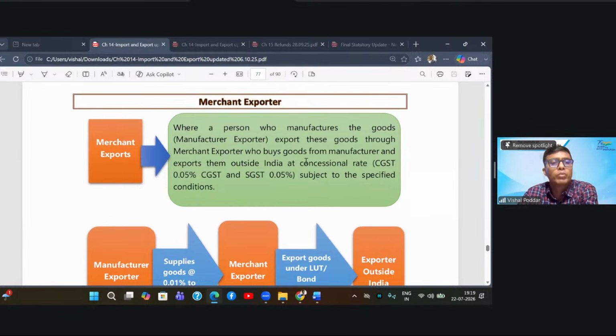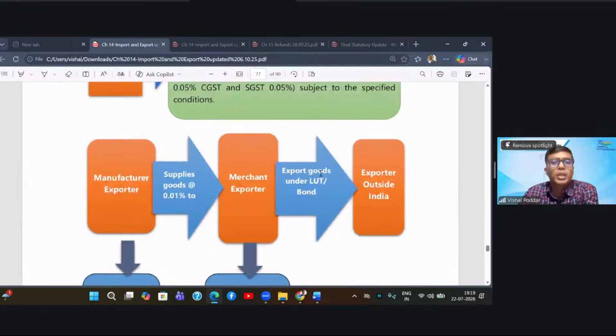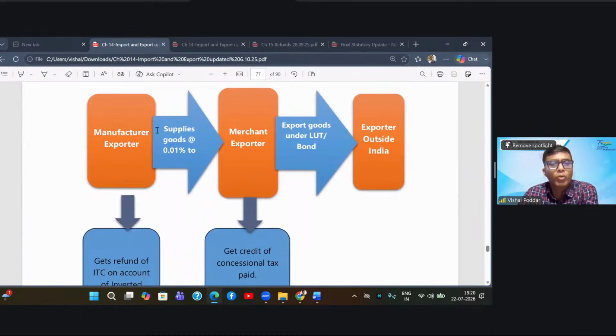And I will have to follow certain conditions and do certain compliances. If all those conditions and compliances I'm ready to follow, then I will charge the concessional rate to the merchant exporter. And the very first condition is that the merchant exporter has to compulsorily export these goods under bond.